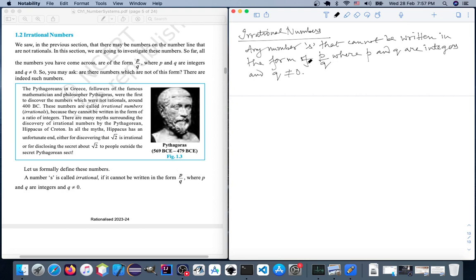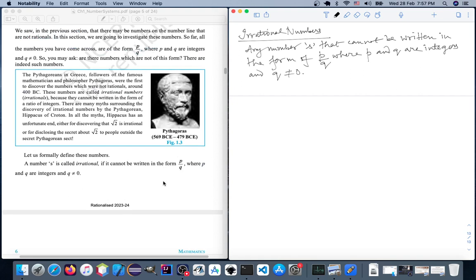So this is the formal definition of an irrational number. A number that cannot be written in the form p by q, where p and q are integers and q not equal to 0, all those numbers on the number line are known as irrational numbers.